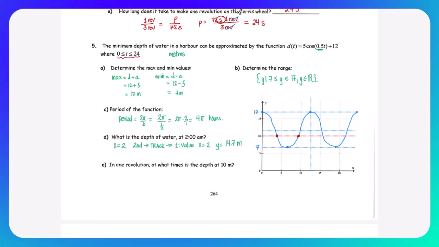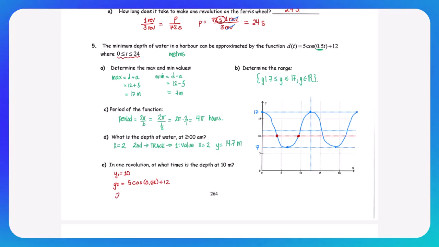So what we're going to do in our calculator, we're going to define 2 equations, y1, which is 10, and y2 is equal to 5 cos 0.5t plus 12. Now, whenever you're doing these types of questions, I want to make sure that you are writing down your y1 and your y2 so that the person who is marking it knows what equations you're dealing with.